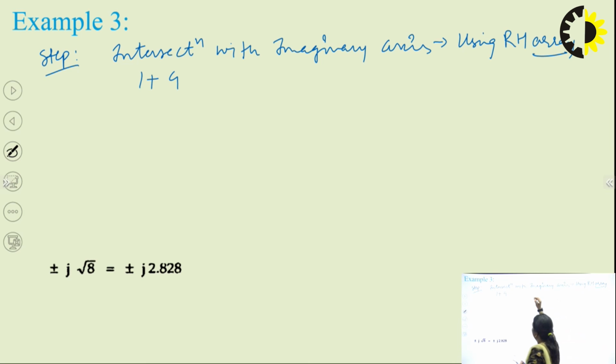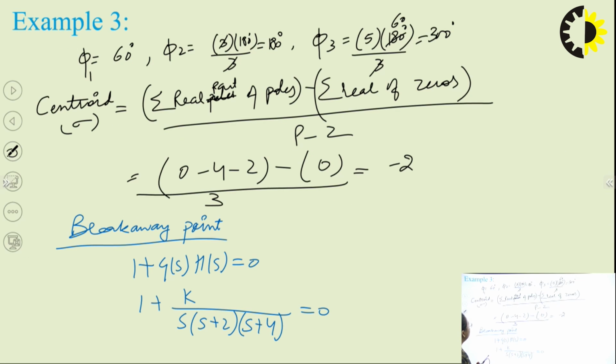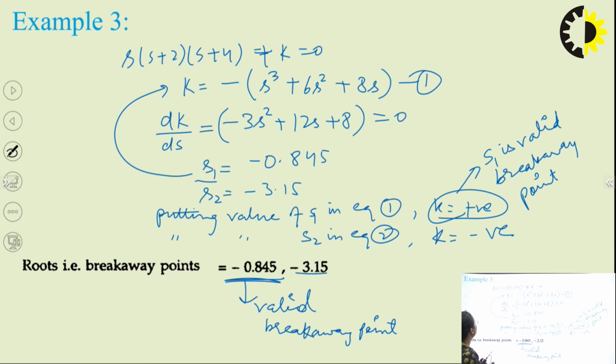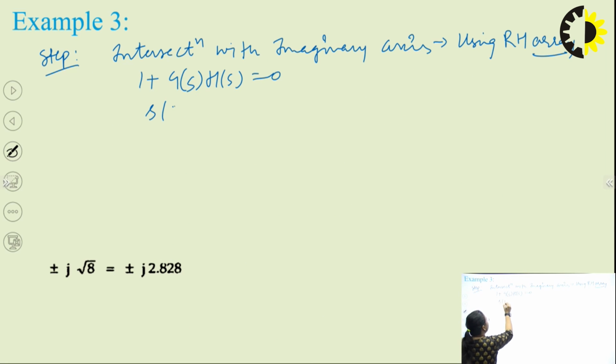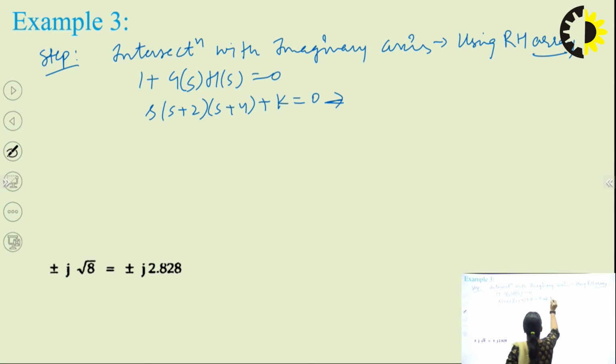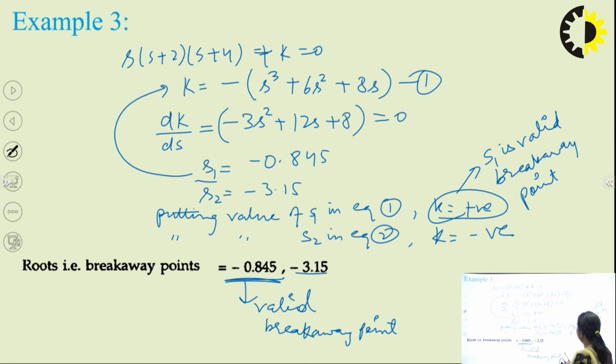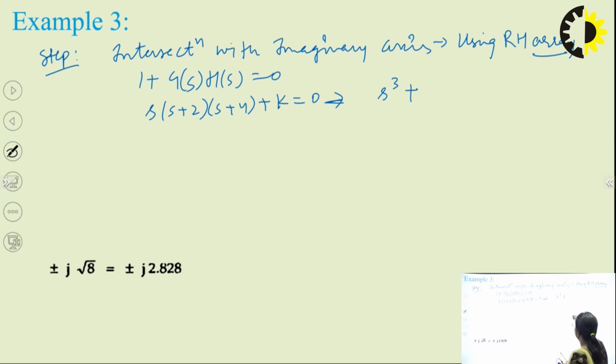For this again I need 1 plus G(s)H(s) equals 0, which is the characteristic equation, and which is s into s plus 2 into s plus 4 plus k equals 0. If I solve it, I'll get s cube plus 6s square plus 8s plus k equals 0.